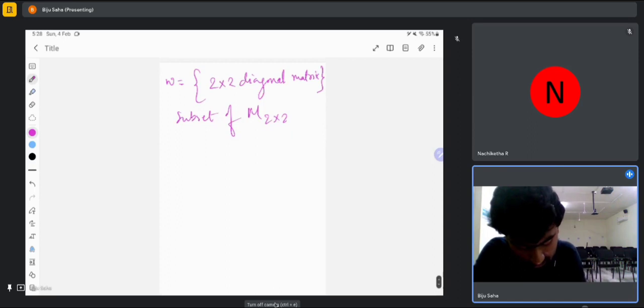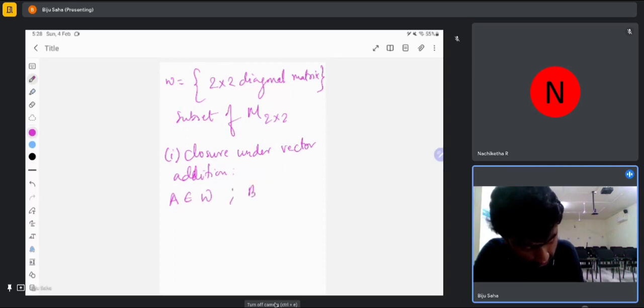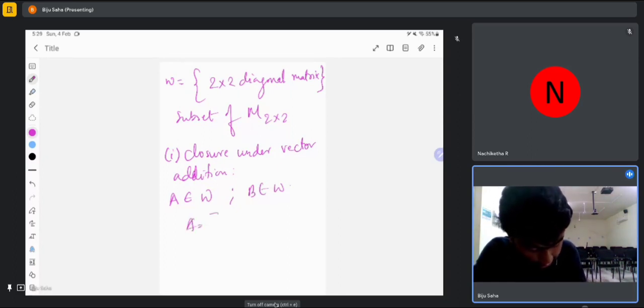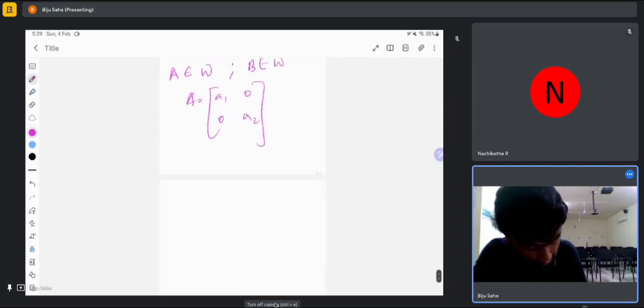The first property is closure under vector addition. That was our very first property. So let us take two matrices from this set. A and B are both 2 cross 2 diagonal matrices. In other words, we can write A as this, and B also assumes the same form.